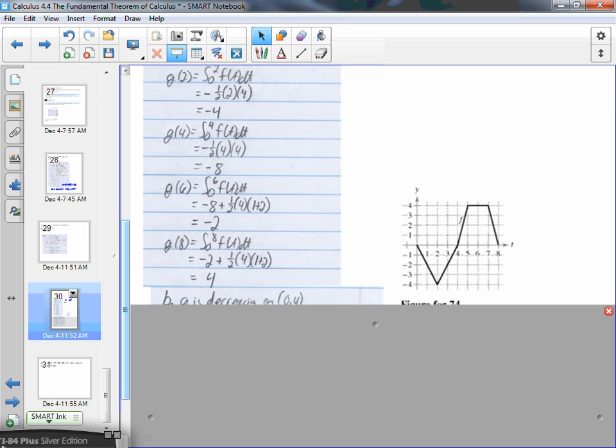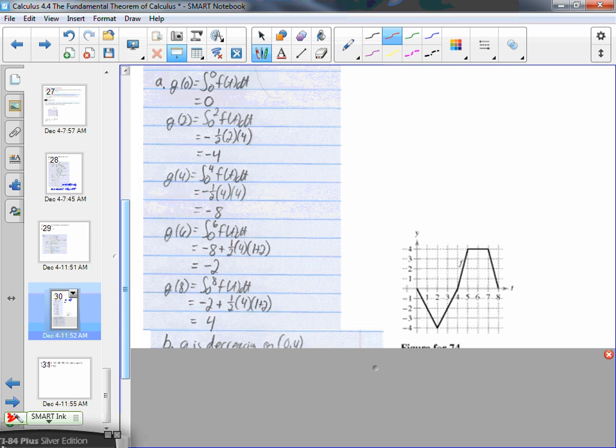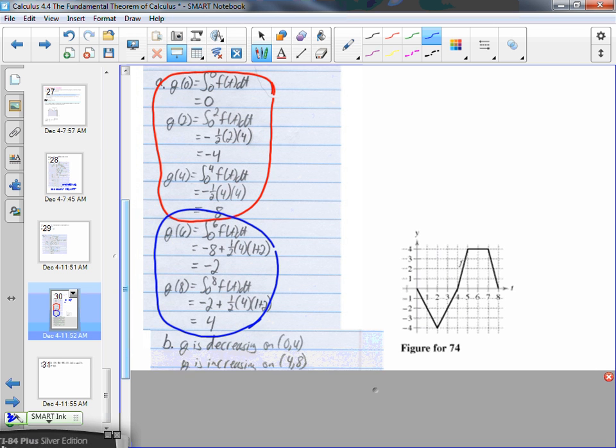All right, now this is the graph of f, not the graph of g. But look, we have values for g, don't we? What are the values of g doing there? They're decreasing. What are the values of g doing here? They're increasing. So we can answer it from the numbers that way.